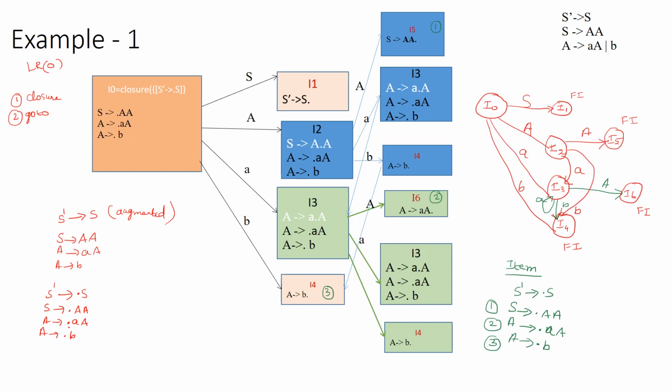Okay. So now we are going to start with the initial state I naught. So we are going to calculate the closure for this first production, that is S dash gives dot S.